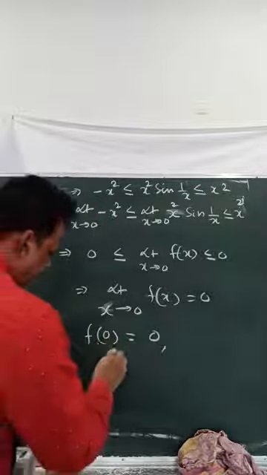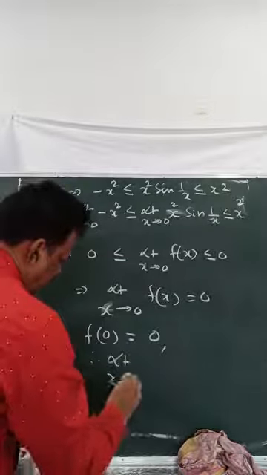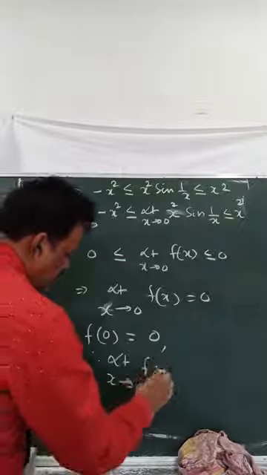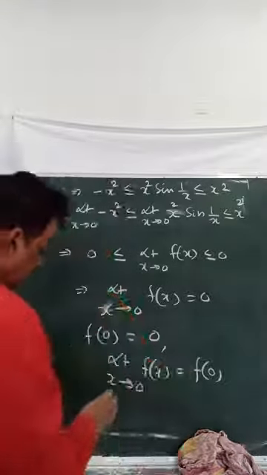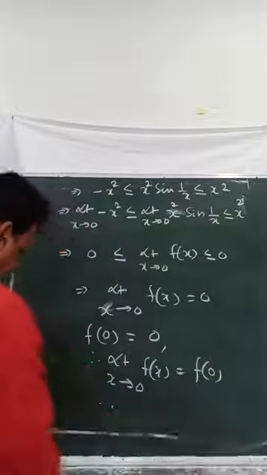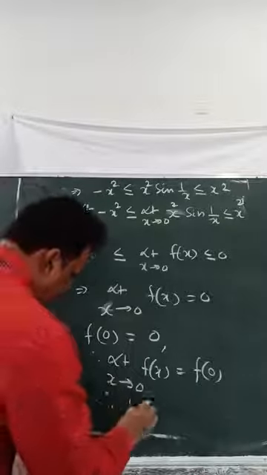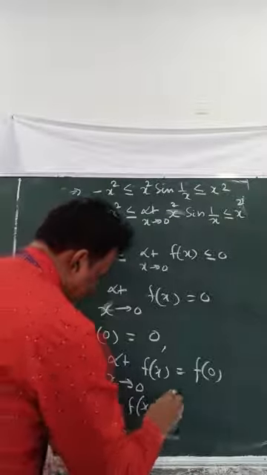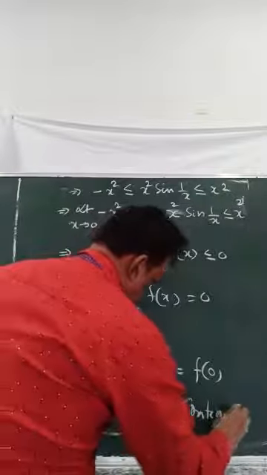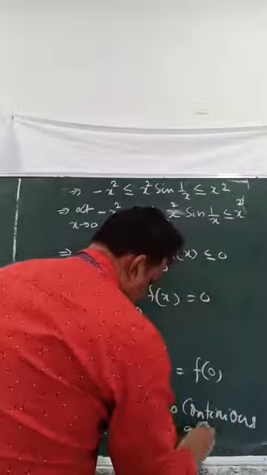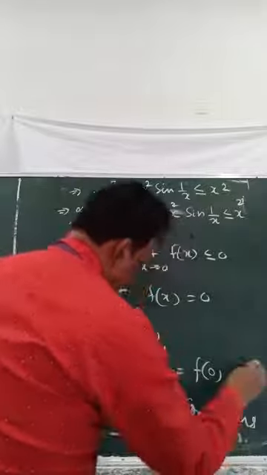Therefore the limit as x tends to 0 of f(x) equals f(0). Therefore f(x) is continuous at x equals 0.